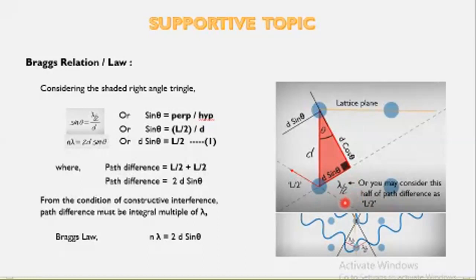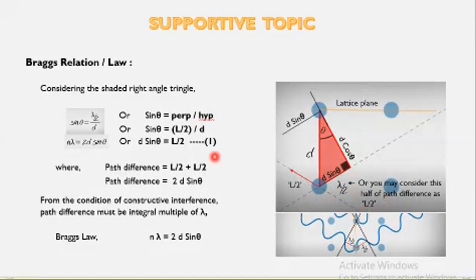So we are generally labeling it as L by 2. Now this L could be lambda, or it can take some other value, like half lambda or 3 by 2 lambda. So in generalized form we are labeling it as L by 2.